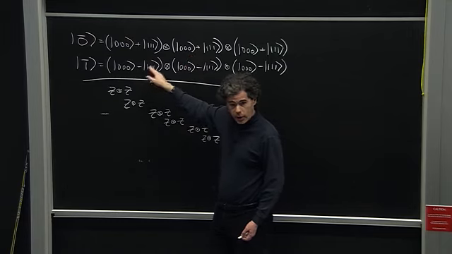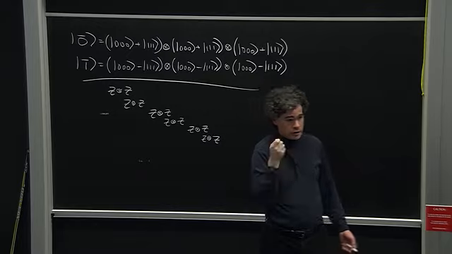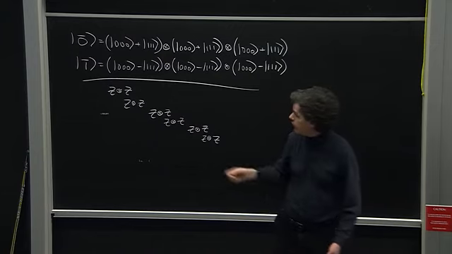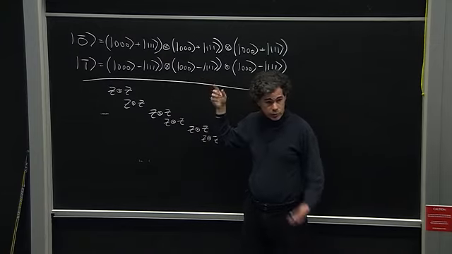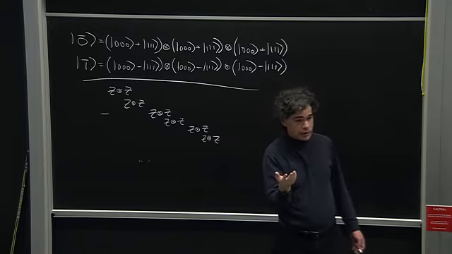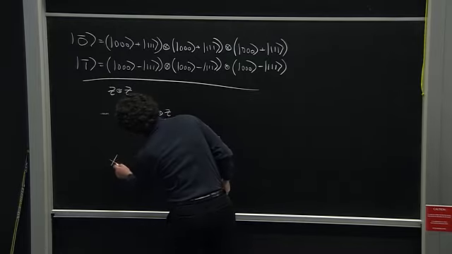In this case, we'll get -1 squared. But in either case, it's a +1 eigenvector of this tensor product of 6 X's. Whereas if they were different, if we had a plus and then a minus, because we have an error, then we'd get an eigenvalue of -1. Okay? So that fits in here too.